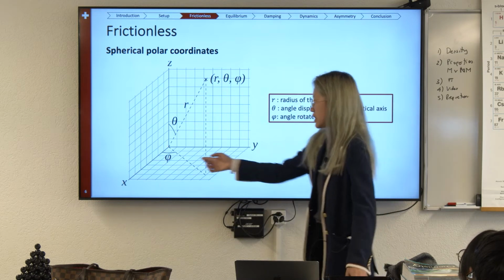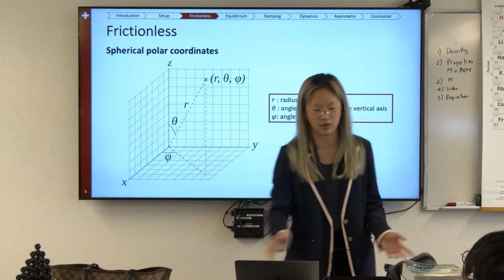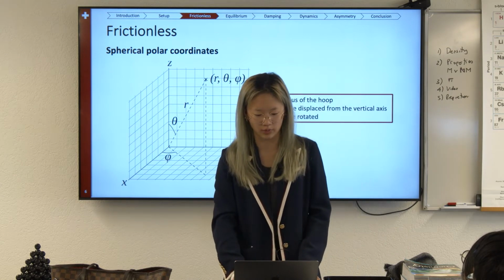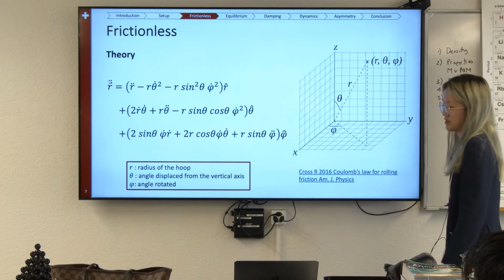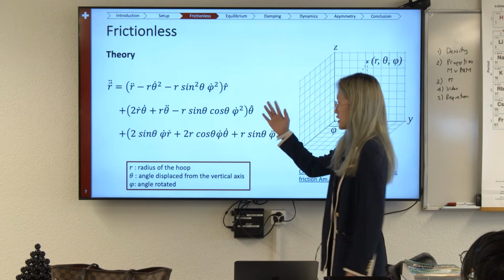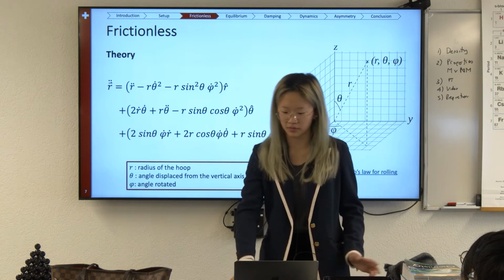The rate of change of phi represents how fast the hoop spins, so basically the angular frequency of the hoop. For all spherical polar coordinate systems, this is the acceleration. I didn't derive this, it's just from a textbook.